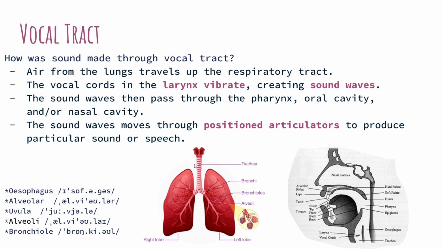So to begin with, the air, which is a mix of carbon dioxide and oxygen, goes through the bronchioles to the bronchi, to the tracheal tube, then through the vocal cords of the larynx, then passes through the esophagus and epiglottis to the pharyngeal cavity.